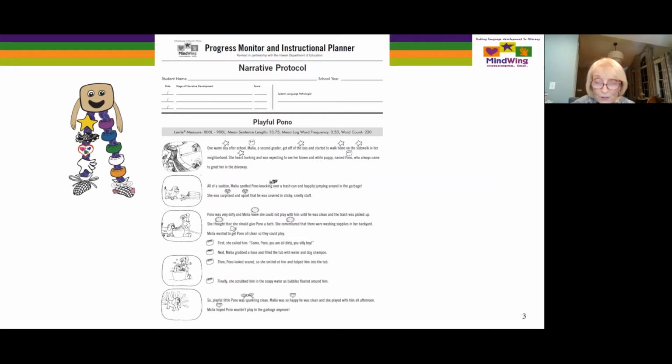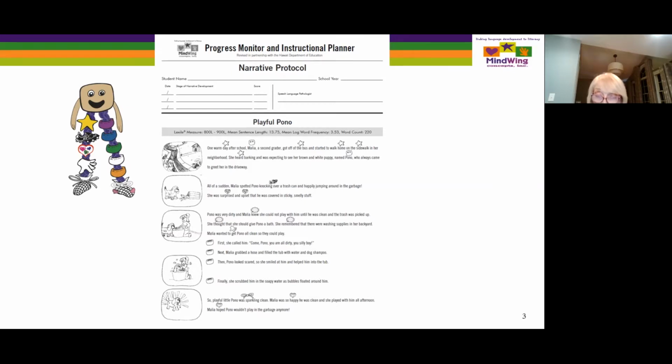Pono was very dirty, and Malia knew she could not play with him until he was clean and the trash was picked up. She thought she could give Pono a bath. She remembered that there were washing supplies in the backyard. Malia wanted to get Pono all clean so they could play. First, she called him.